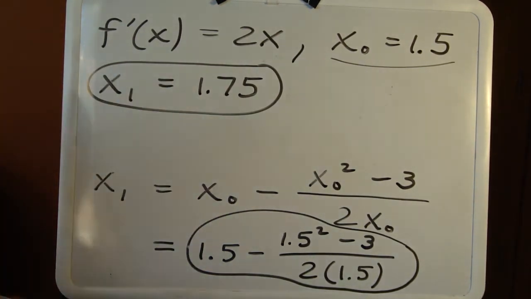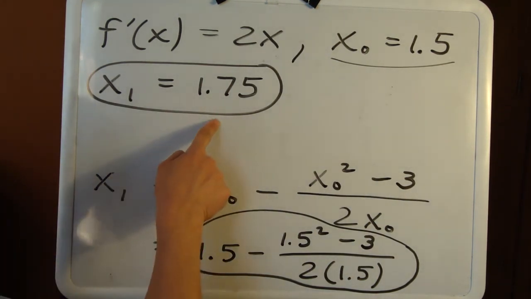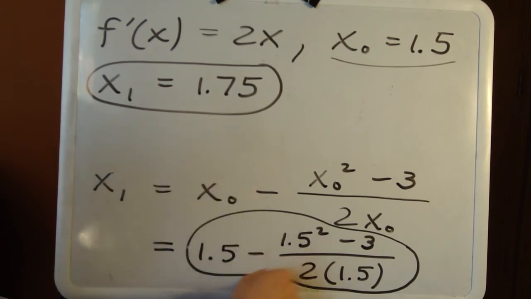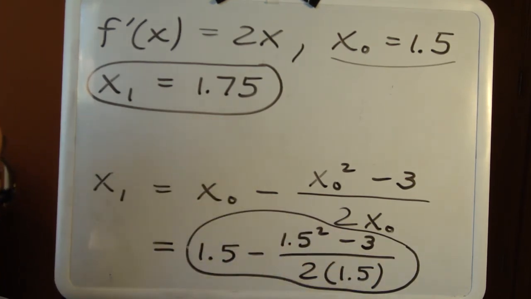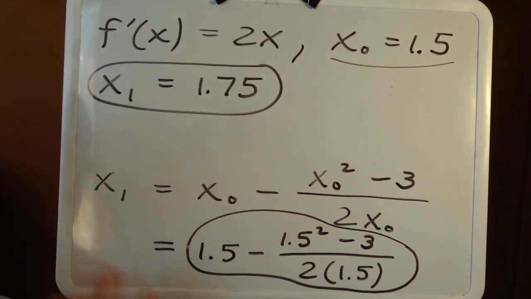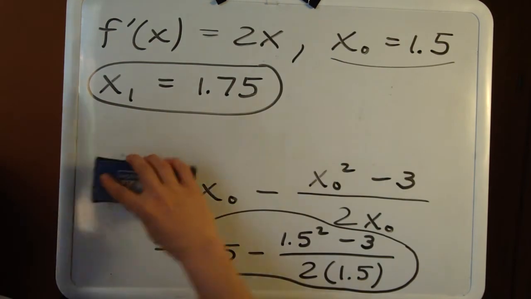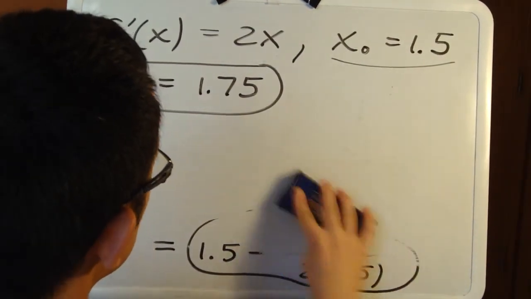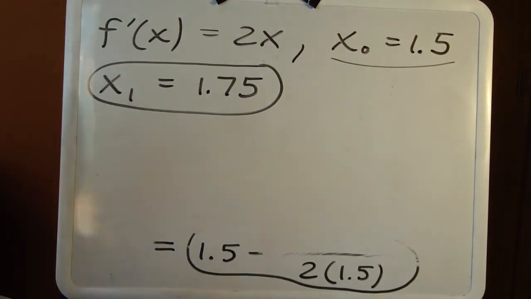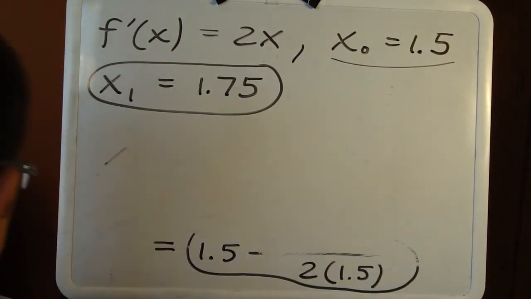That's really all there is to Newton's method. Once you apply this technique, now we're going to take the 1.75 and update the formula. Everywhere you see a 1.5 here, we now insert 1.75, and that's going to allow you to calculate x sub 2. I'll write it down so you can see what it looks like.